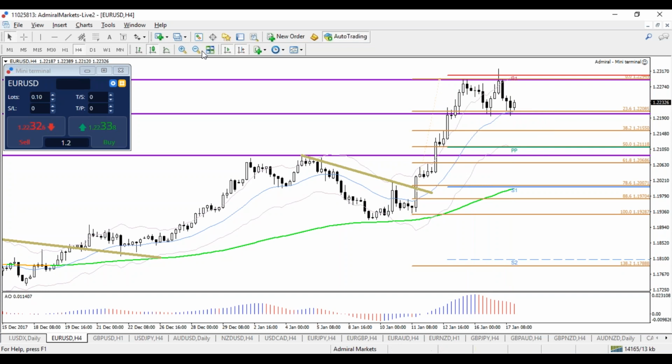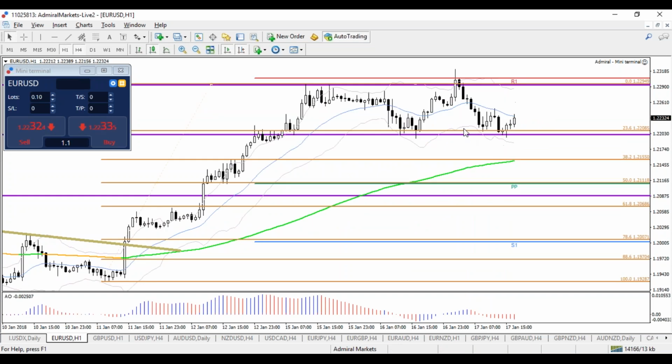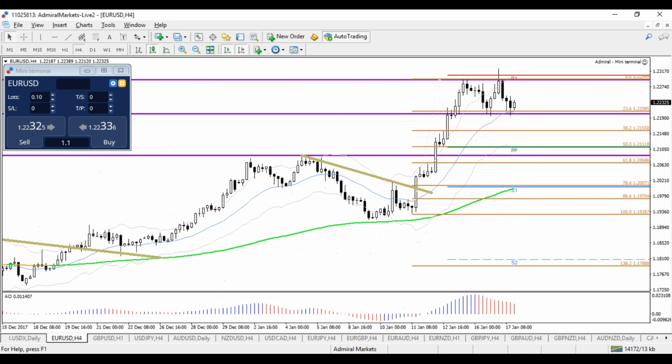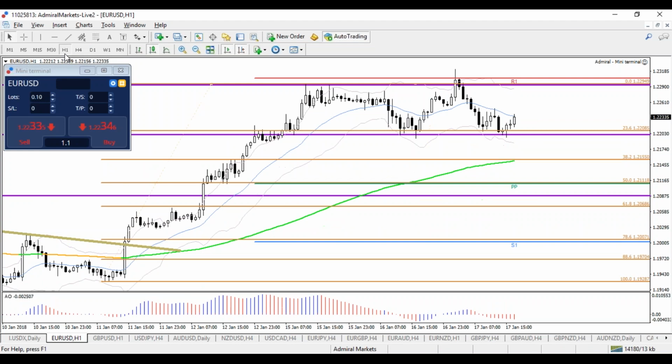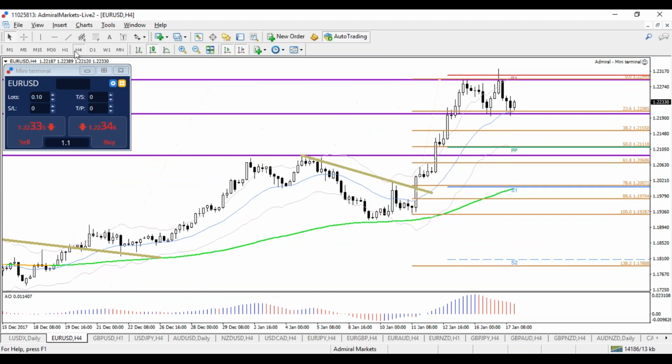The question is, if it goes sideways like this, how long would that last? That is a little bit of a tricky question, unfortunately, and I wish I had a good answer for that. But it might take, today is Wednesday, let me quickly take a look again at what we could expect regarding the news. One second.